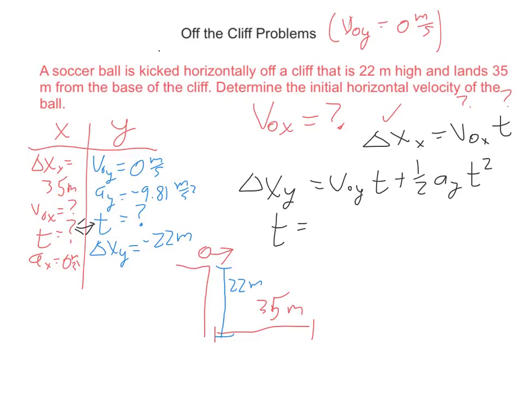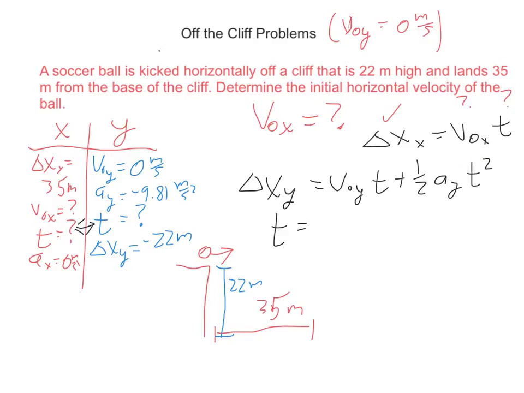Now it's important to keep in mind that the initial velocity in the y direction, this guy right here, is 0. So that is going to make this entire term 0. So that pretty much leaves me with the following. I would have the displacement in the y direction being equal to this far term over here.